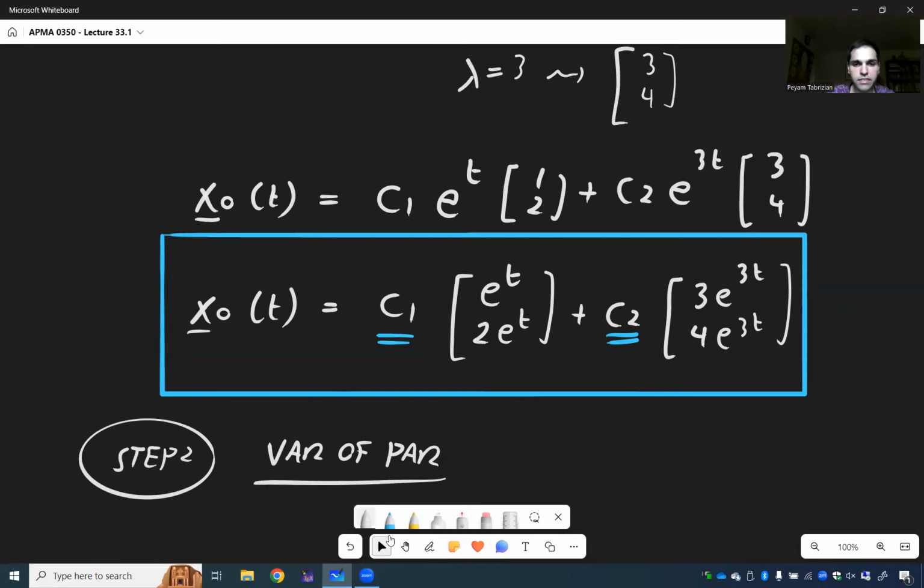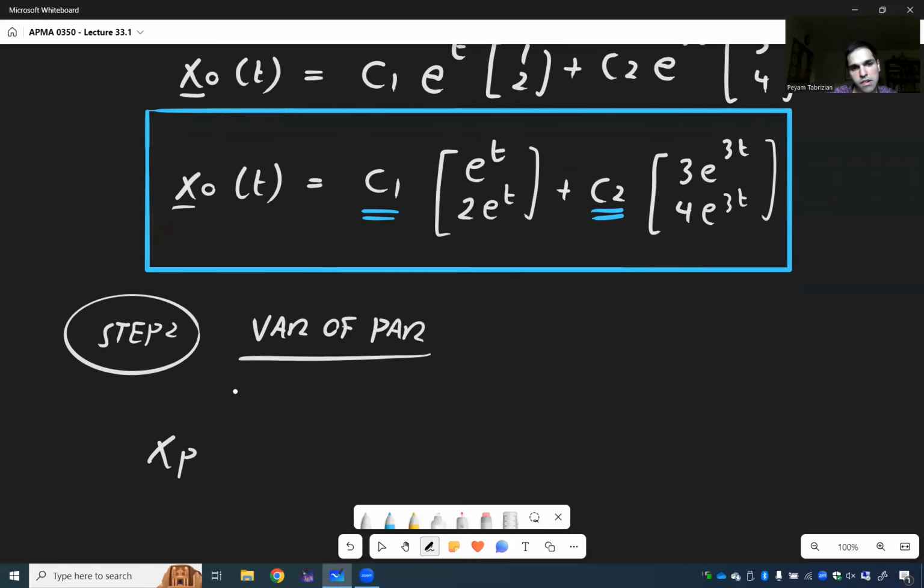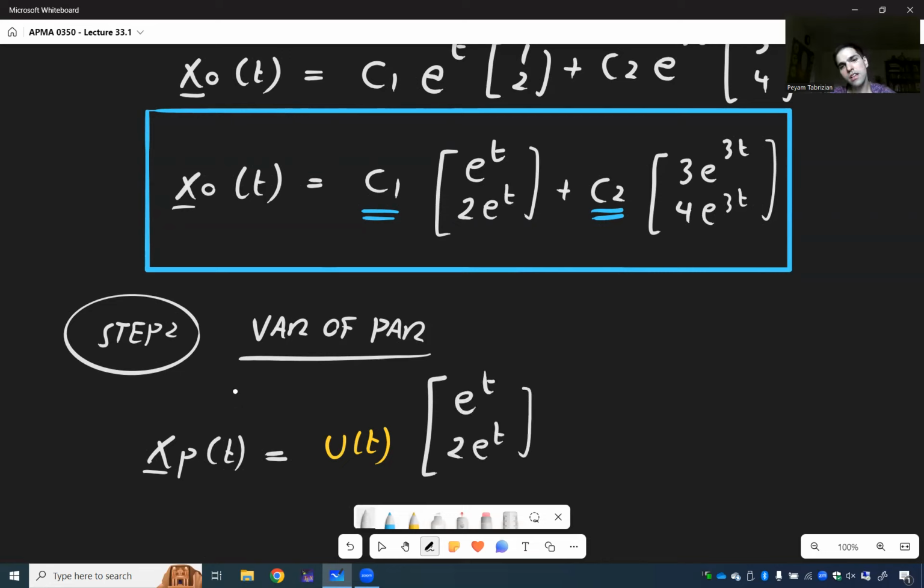So the idea is xp of t now is, instead of C1 and C2, we do u of t times [e^t, 2e^t] plus v of t times [3e^(3t), 4e^(3t)].